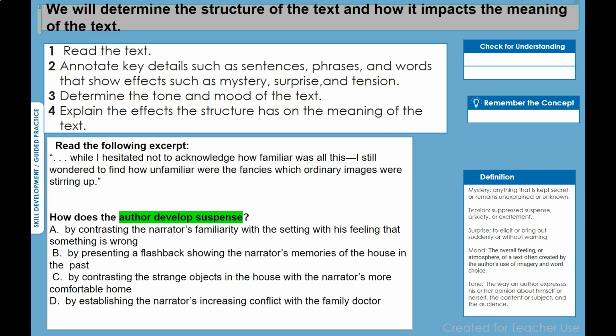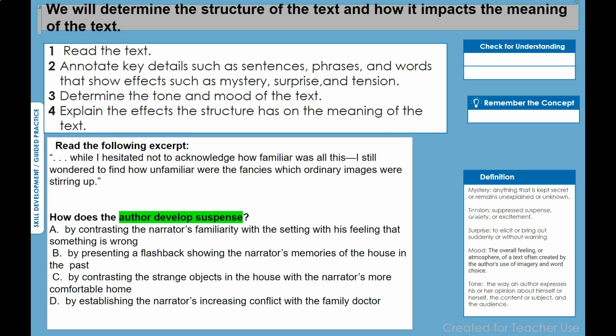Oh, wait, hold up. I was not expecting this. This is a plot twist. Oh, tension. Ooh, wait a minute. I'm feeling a little bit strained. I'm feeling some type of way. So you're going to be able to identify these things as you're reading.